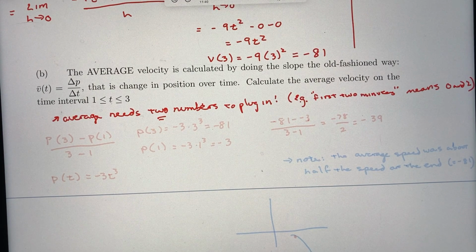Okay, so we're looking at the time interval from 1 to 3. I need P of 3 minus P of 1 over 3 minus 1.